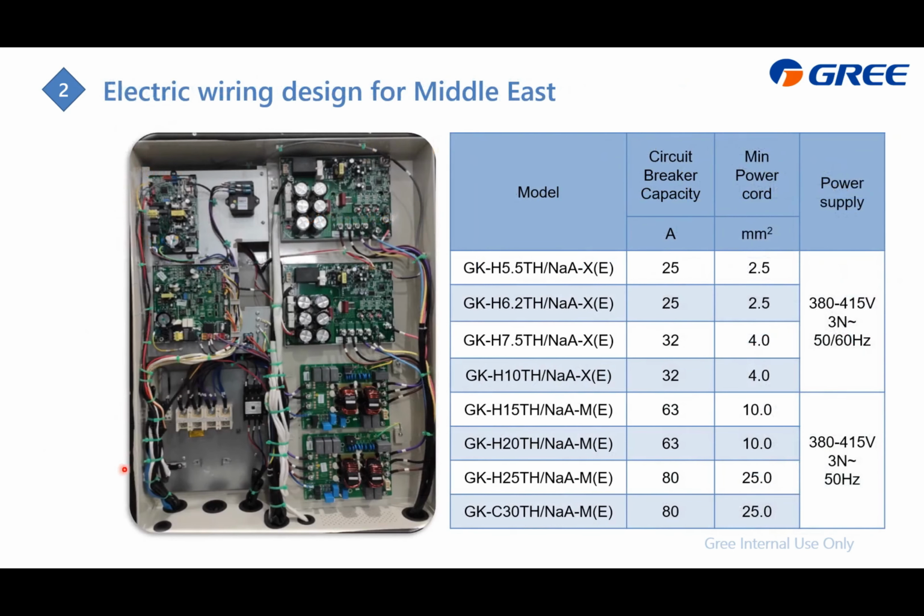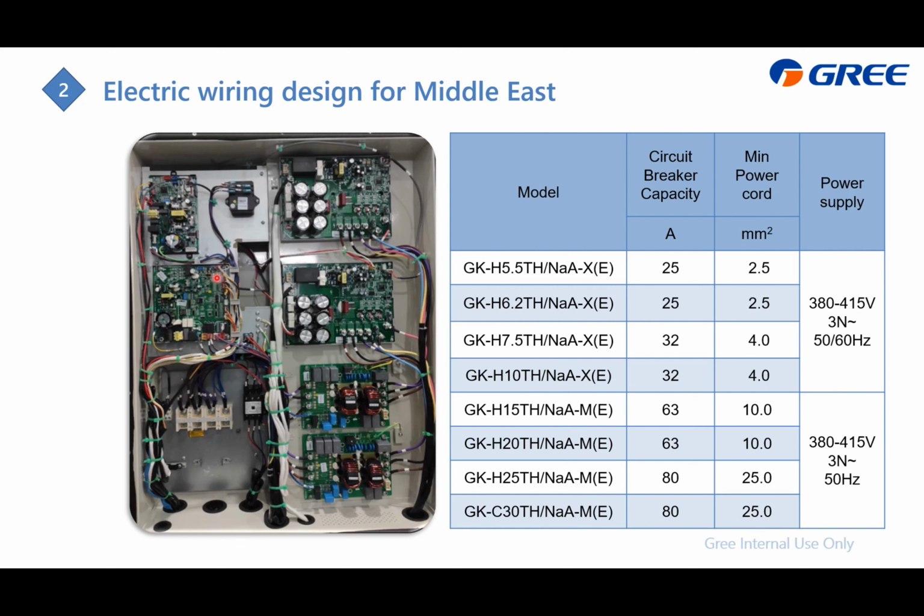This picture displays the electrical box, and here is the power supply, which you need to connect to the wire controller. Beside that, these two are the filter board. After that, you connect to the compressor drive board, the indoor unit PCB and also the outdoor unit PCB.